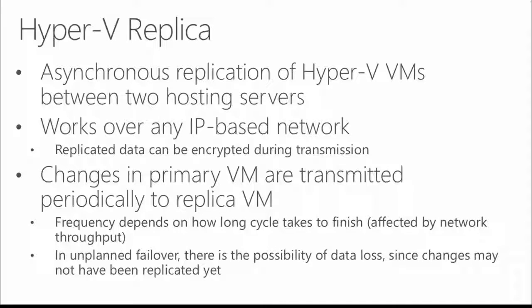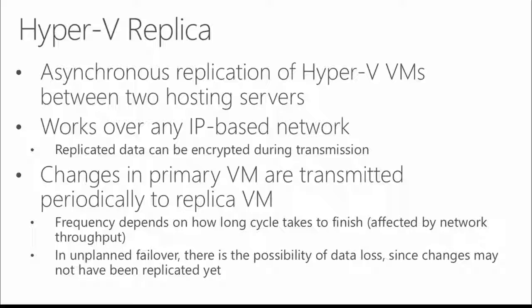So I want to talk about Hyper-V Replica. Basically, Hyper-V Replica replicates all changes on a virtual machine to a counterpart VM hosted by a different server. This accomplishes a few different things. First of all, it gets data off-site. If you're trying to mitigate a disaster scenario, you want your data off-site.